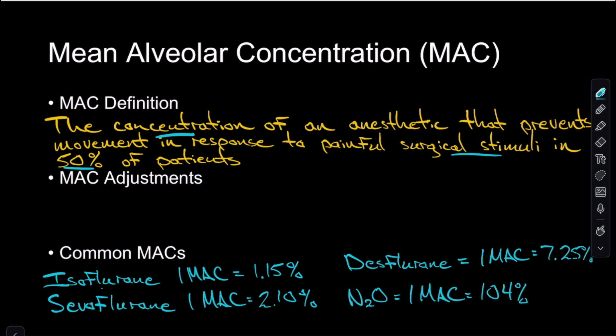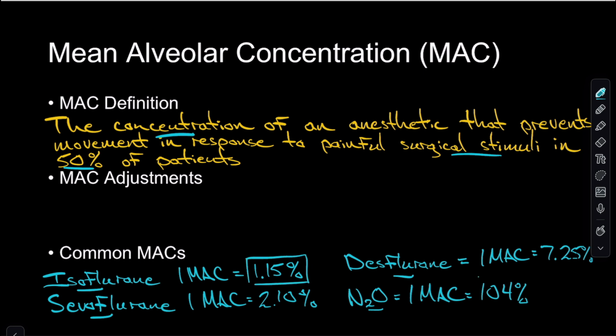So how MAC is useful is that for each of these gases, isoflurane, sevoflurane, desflurane, nitrous, to get 1 MAC, you have different concentrations of the gas being used. If you were using two gases, maybe nitrous and sevoflurane, it could be really confusing how much gas you should have on if you were going by the absolute percentage values.